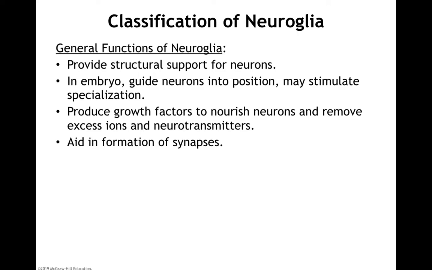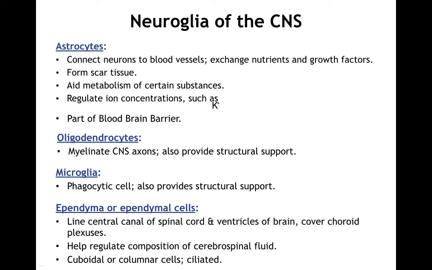Neuroglia. The general function of neuroglia is to provide structural support for neurons. In the embryo, neuroglia helps guide neurons into position and may stimulate their specialization. They produce growth factors to nourish the neurons and remove excess ions and neurotransmitters, and they help in the formation of synapses or connections between neurons.